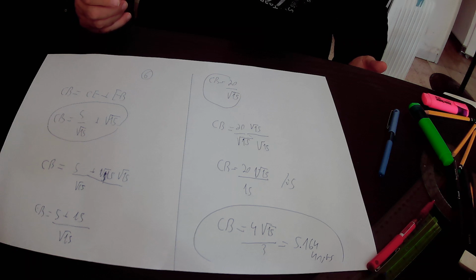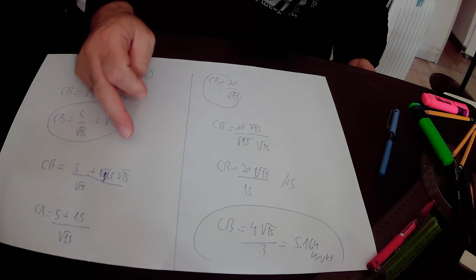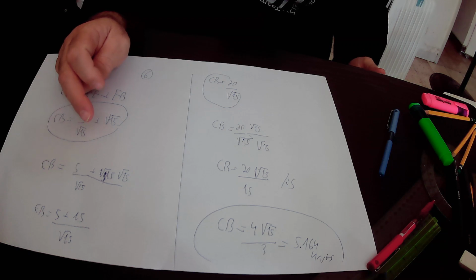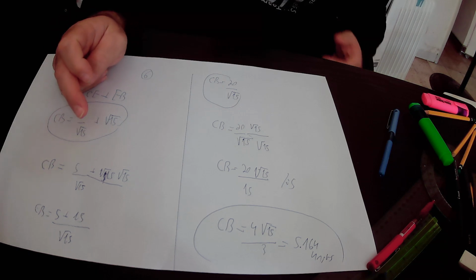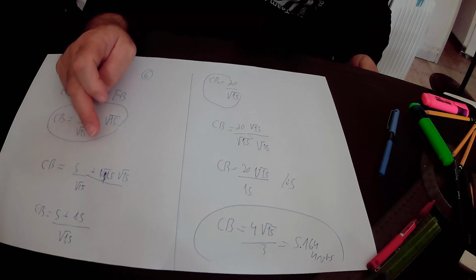We actually multiplied square root of 15 by 1, so we change nothing. Therefore, it is allowable.